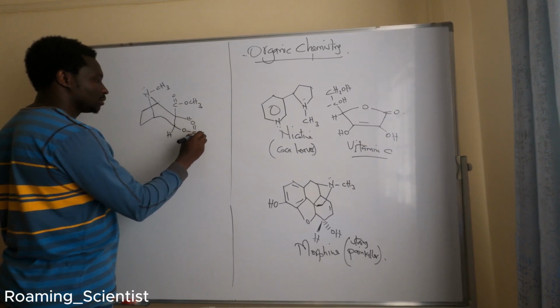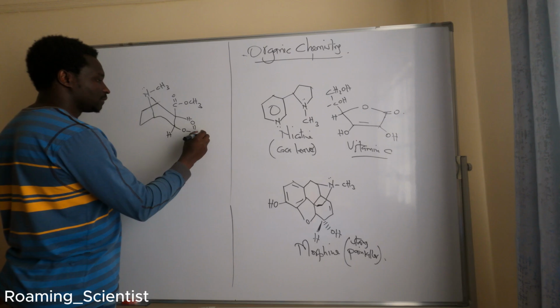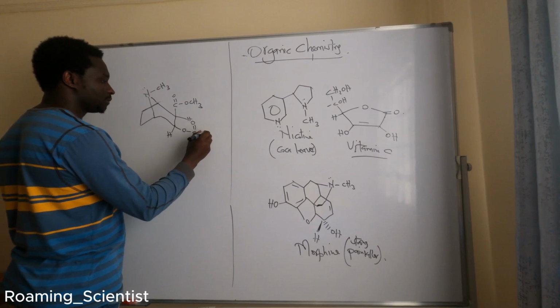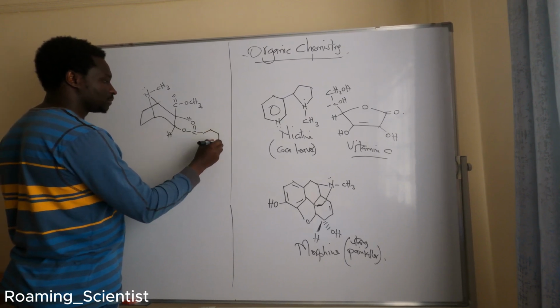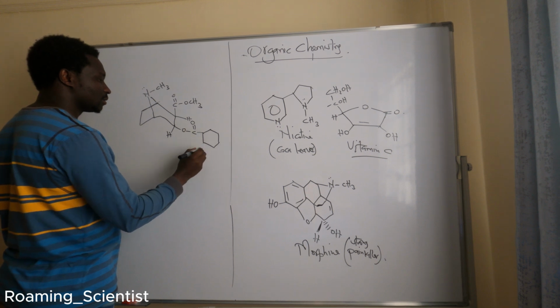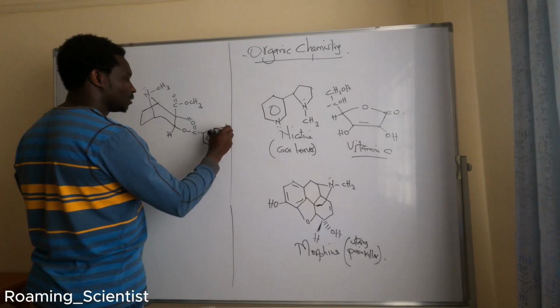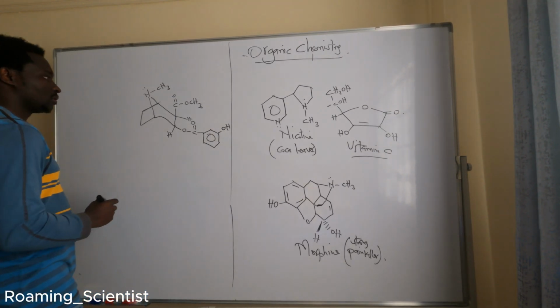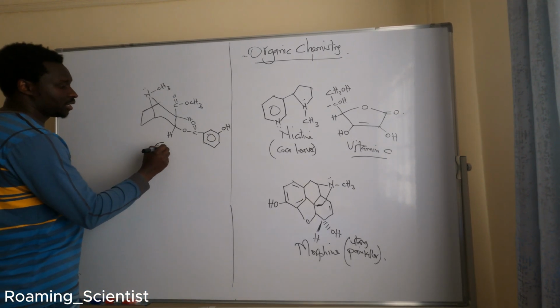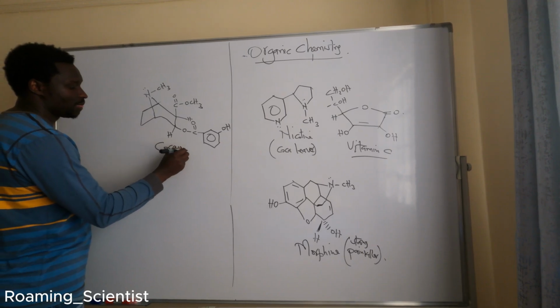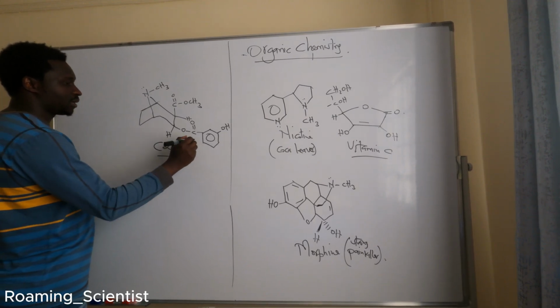Then we have a phenyl group here, which you can represent like this, saturated, and OH. So this is cocaine.